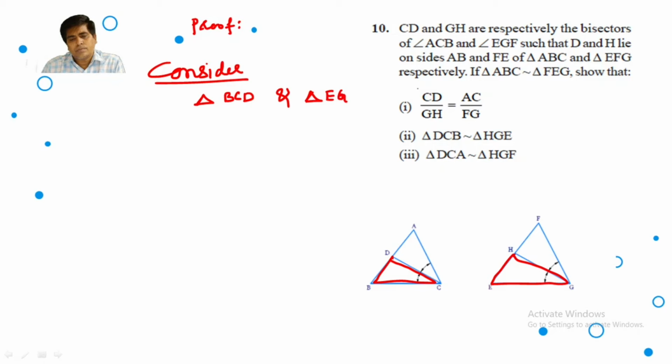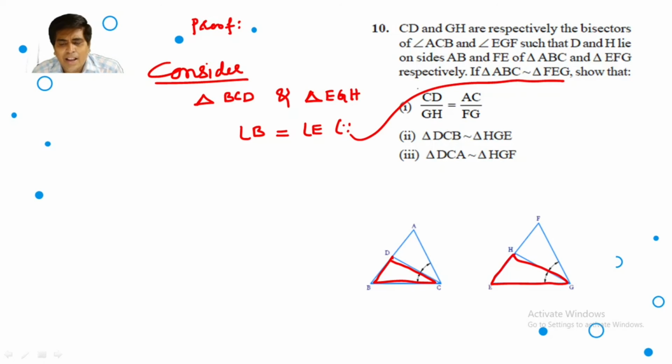In these two triangles, angle B is equal to angle E. Why are we writing angle B is equal to angle E? Since we already know that these two triangles are similar, that's why we are writing angle B and angle E are equal. The corresponding angles are equal.